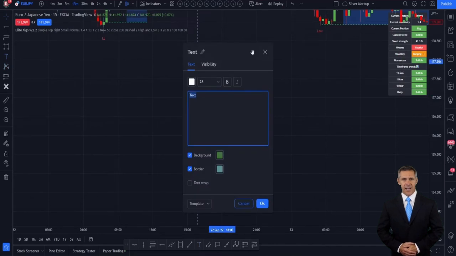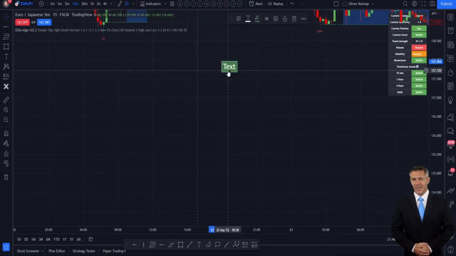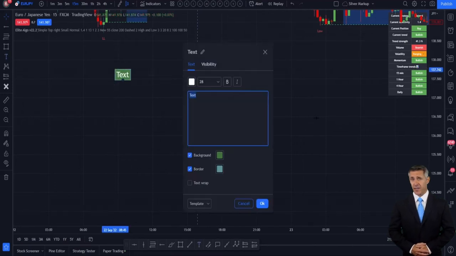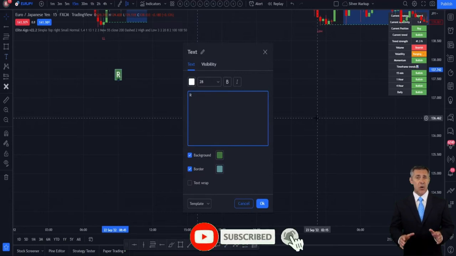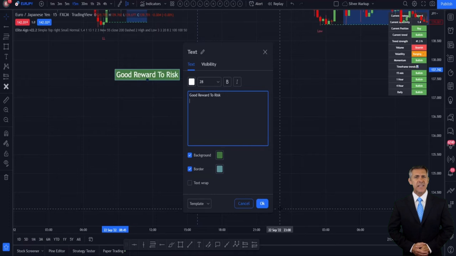So there's a few components of risk management that you want to look out for. So one is you want to have a good reward to risk. For my trades, I like looking for around 1.5 to 1 reward to risk, as close to 1.5 as possible.